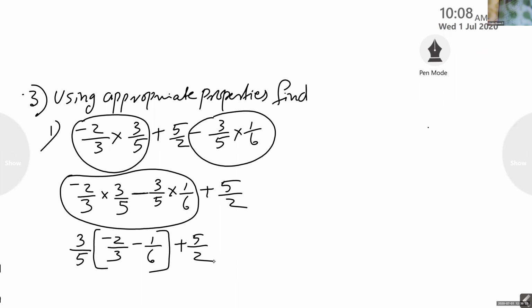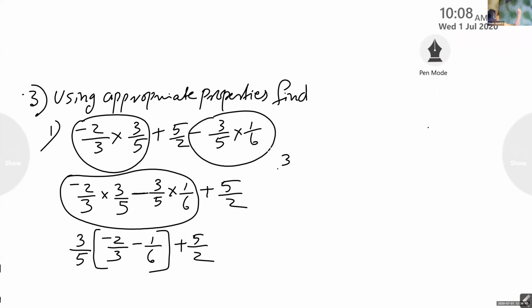Benedict, got it? Now the bracket we can do calculation. 3 by 5 into, here taking LCM, negative 12 minus 3 by 18, or 6 is enough. Take LCM as 6.